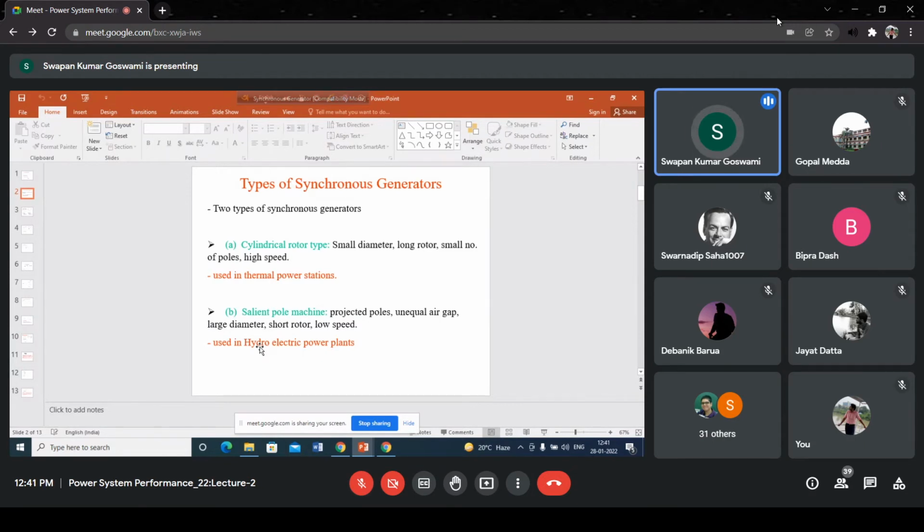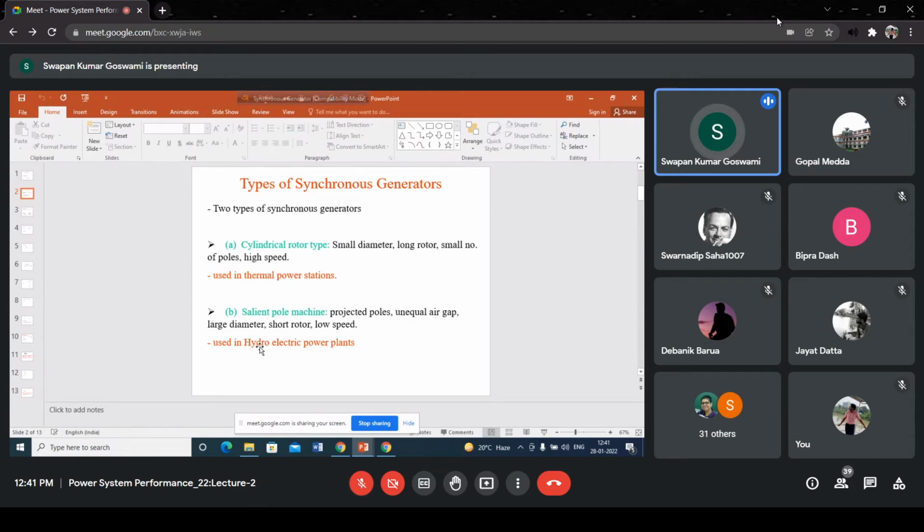But for simplicity of discussion, we shall be assuming that our machines are all cylindrical rotor type. Why we shall assume this? Because this will make our analysis somewhat simpler, because cylindrical rotor machines have a uniform air gap. That means reluctance is the same everywhere in the magnetic circuit.